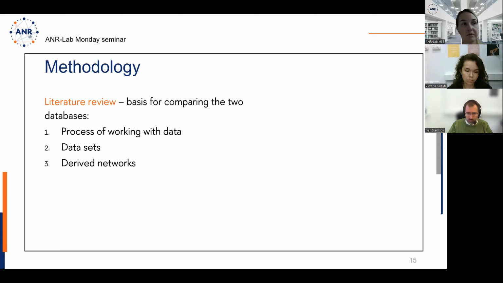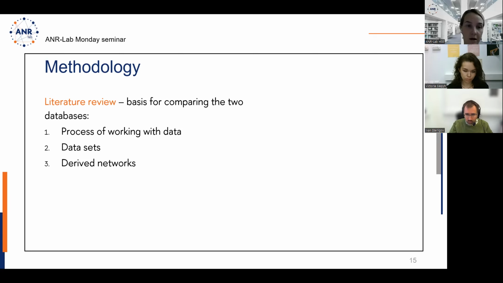The scientists collect these databases according to the same rule, so that they have some strategy for how they collect the data, and then they compare them on the levels of data sets, and sometimes on the levels of networks, which can be made out of these data sets.